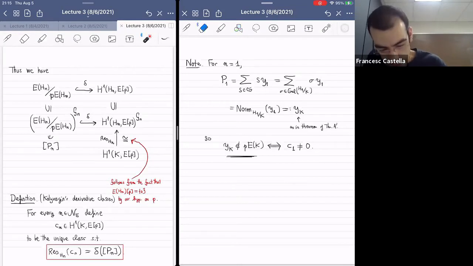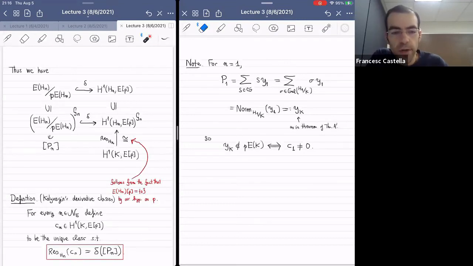At least the class C1 is something non-trivial. It's a remark I think I'll refer to later. So now we have this system of classes. We know that y_K being indivisible guarantees that C1 is non-zero.